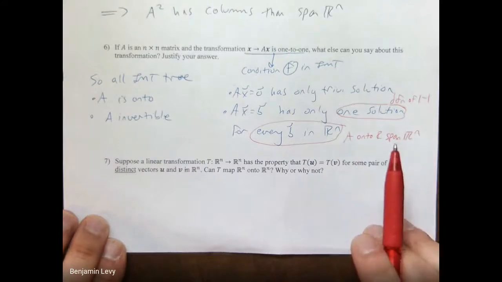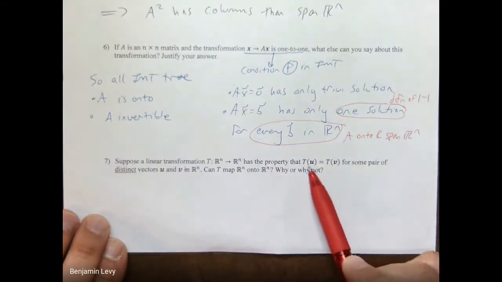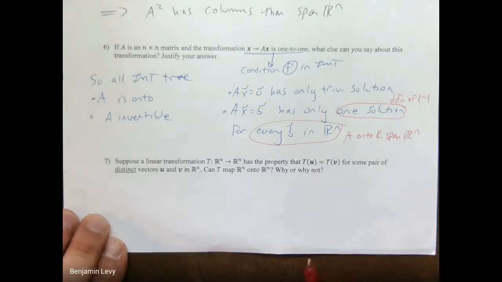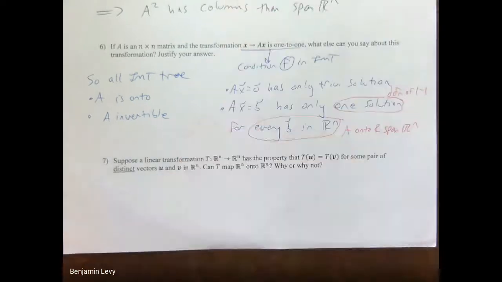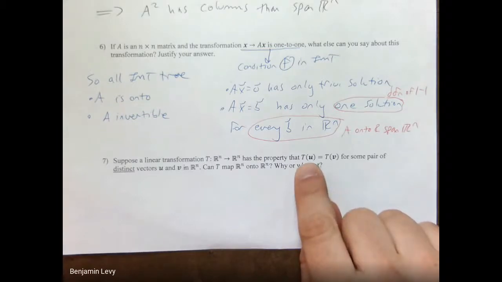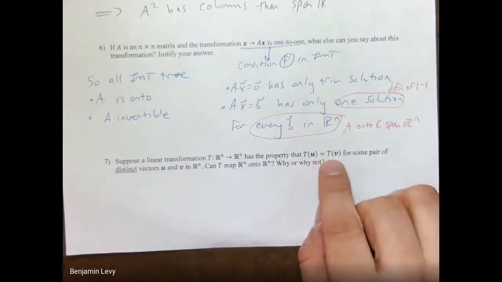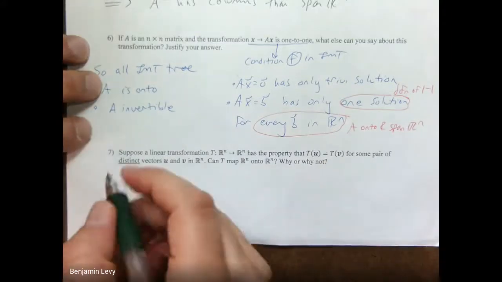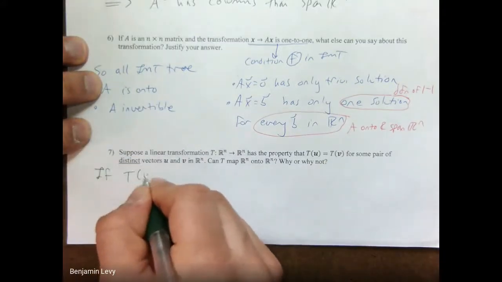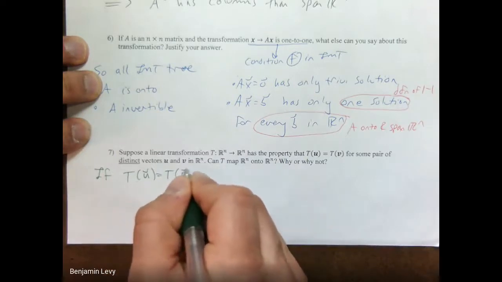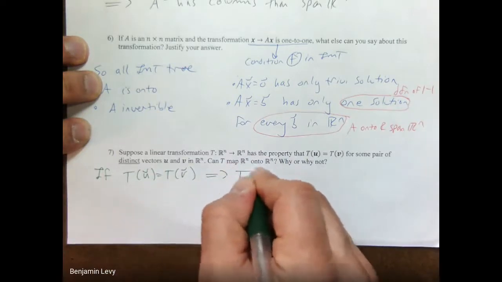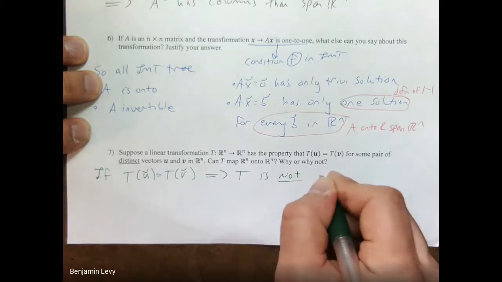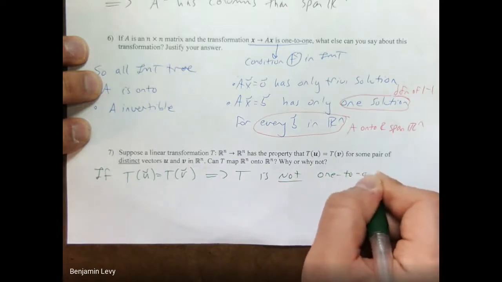Why or why not? So two different vectors having the same linear transformation is the definition of not being one-to-one. One-to-one means that every vector gets sent to its own location. And so this is two distinct vectors getting sent to the same place. So in other words, the IMT is false in this case. So if T of u equals T of v, then T is not one-to-one.